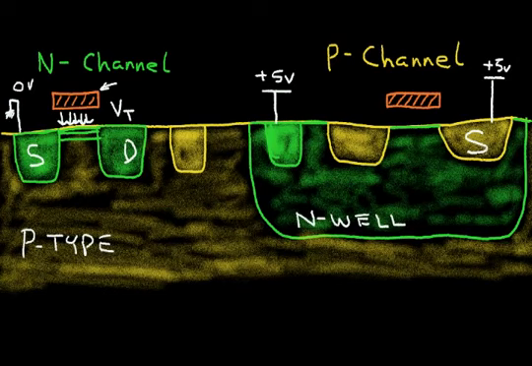So our source to N well diode does not become forward biased. Now, as we decrease the P channel gate voltage relative to the source, say we make it more negative by, say we set the gate voltage at 4.3 volts. So that produces an electric field in this direction.